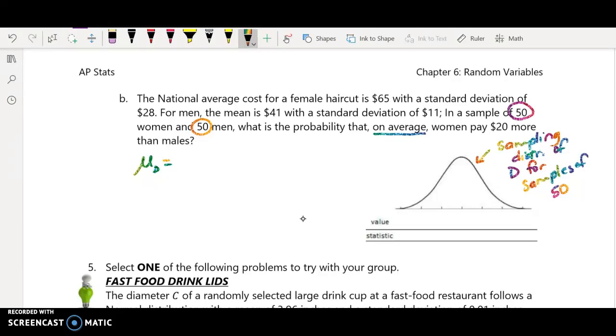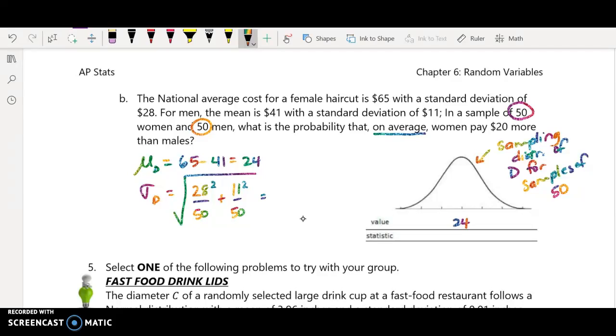Okay, so what I need to consider is the variable. But now, this formula from chapter 10, so 28 squared over 50 plus 11 squared over 50.